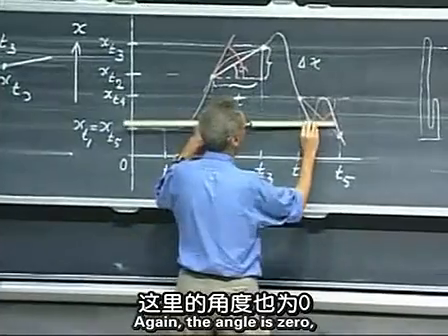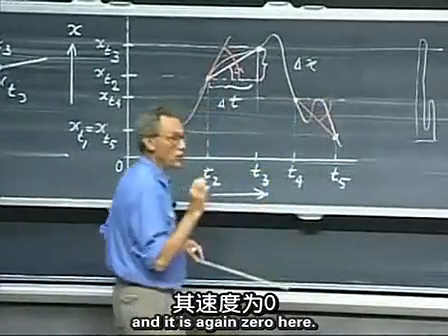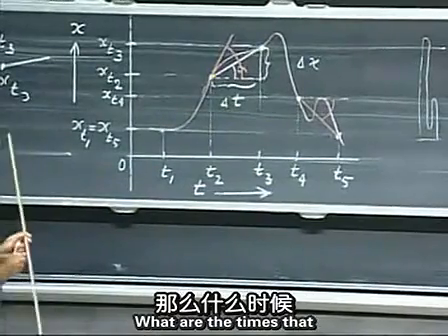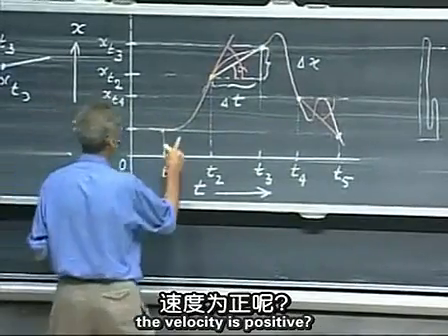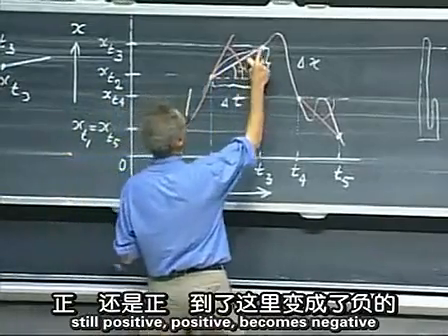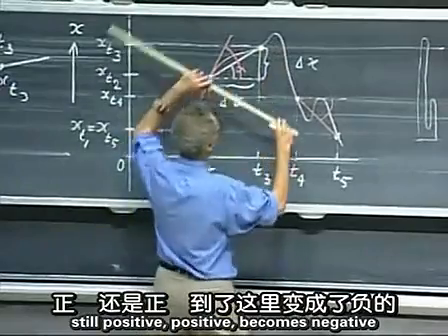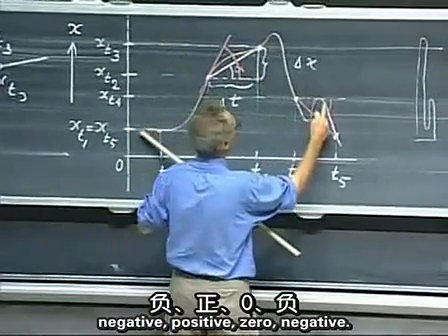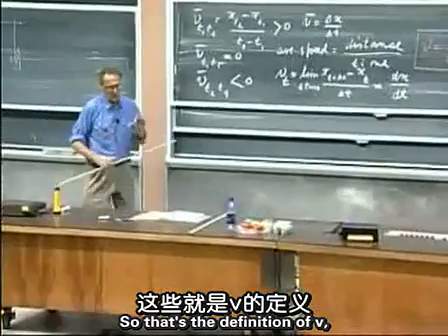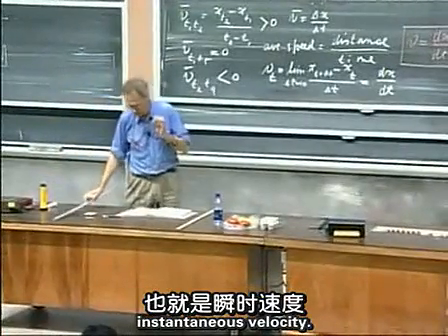Again, the angle is 0. And it is again 0 here. So those are the times that the velocity is 0. What are the times that the velocity is positive? Well, it's positive here. Velocity is positive here. Still positive, positive becomes negative. Negative, positive, 0, negative. So that's the definition of the instantaneous velocity.